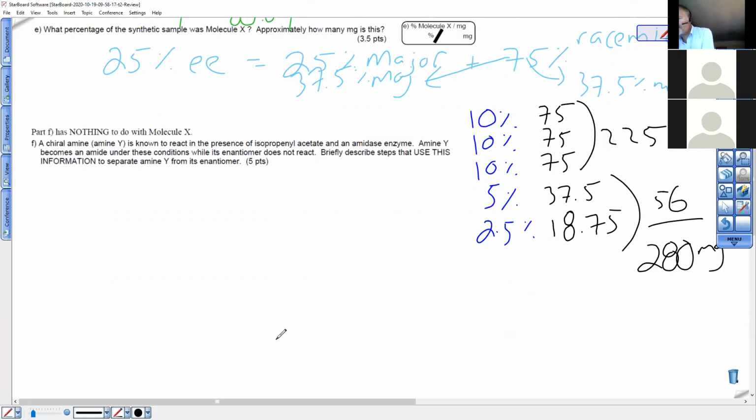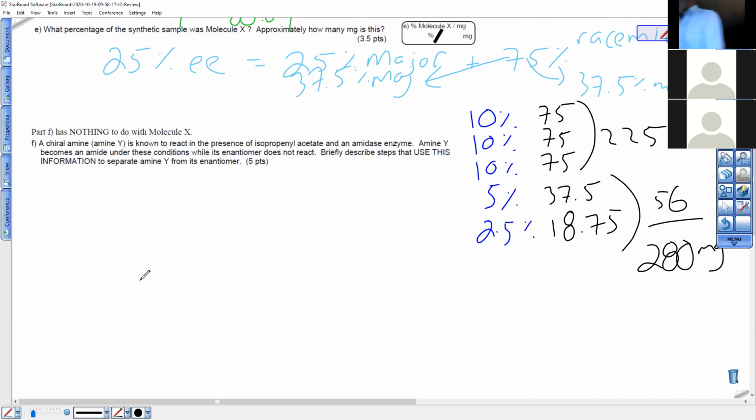Next one has nothing to do with molecule X, and we have 3 minutes. The general idea here is to take the mixture of enantiomers, and in this case, you're told that this enzyme will take amine Y and make it into an amide under these conditions, while its enantiomer doesn't react. So amine Y reacts.